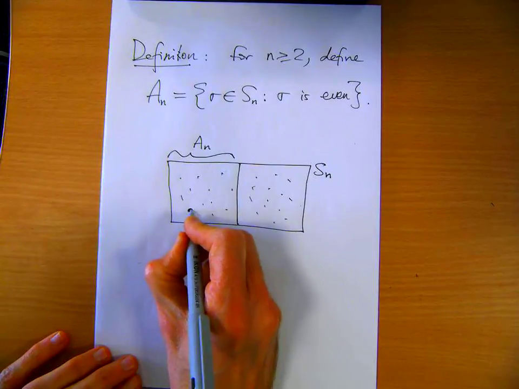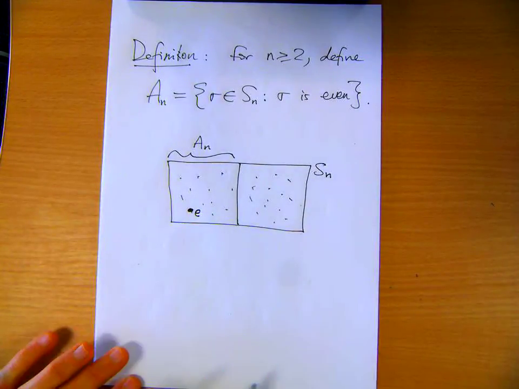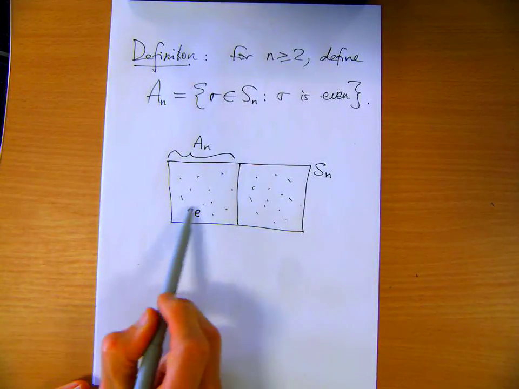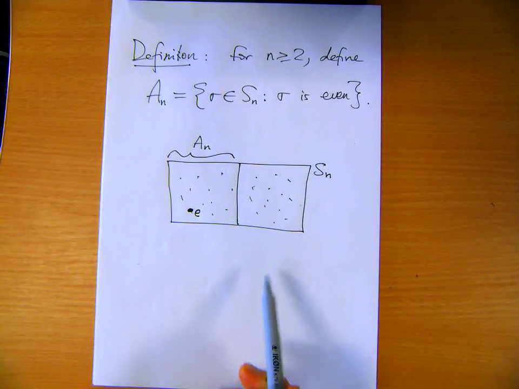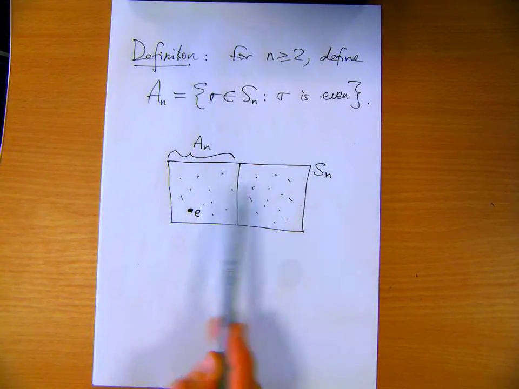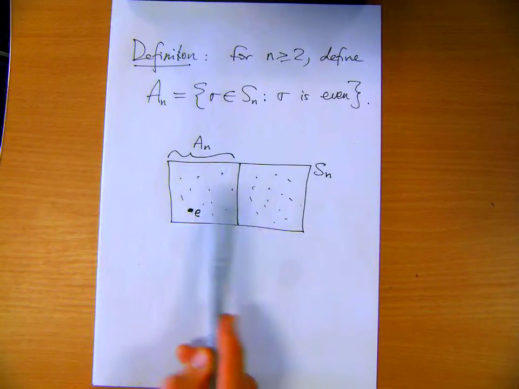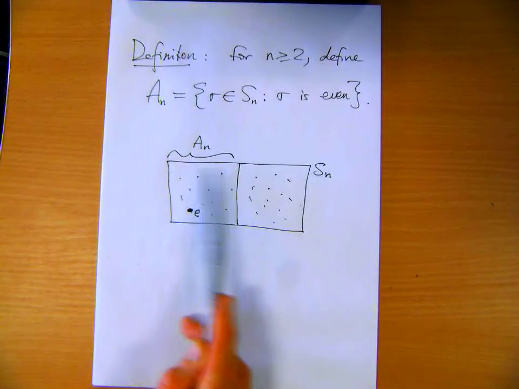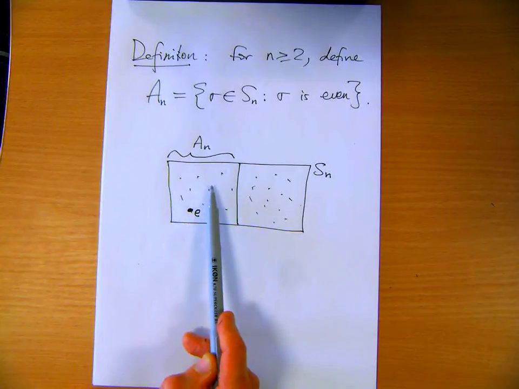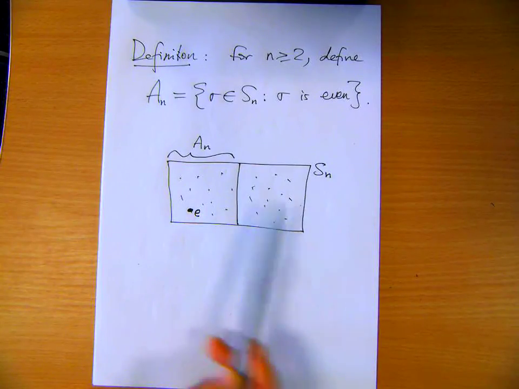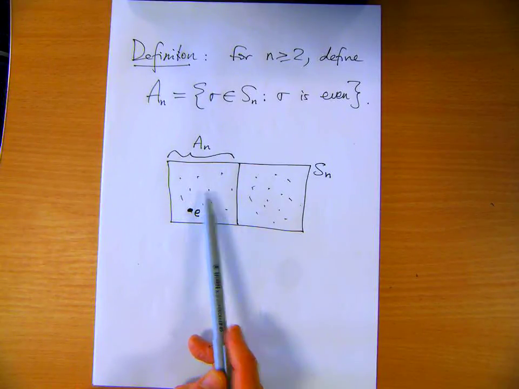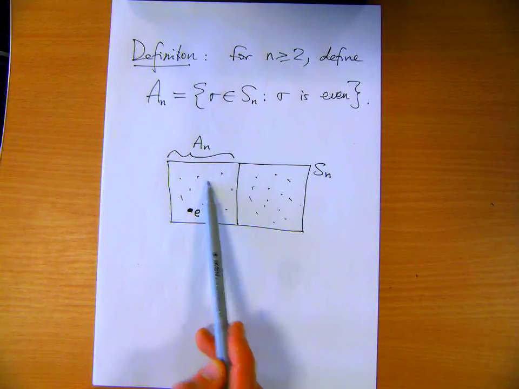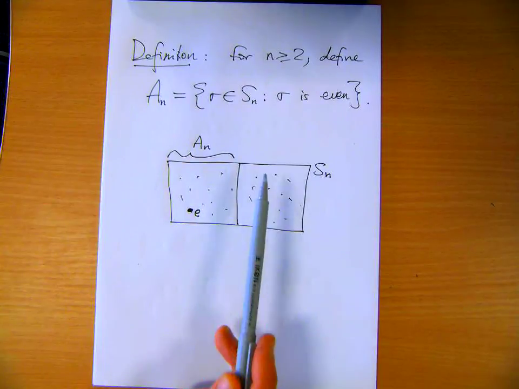One of the elements of AN is the identity, but in general there'll be lots of other elements in there, and then there'll be some odd ones. The first remark to make is that these two cells, because this is a partition, because everything is either odd or even, have got the same number of elements. So this partition divides the symmetric group up into two equal parts.